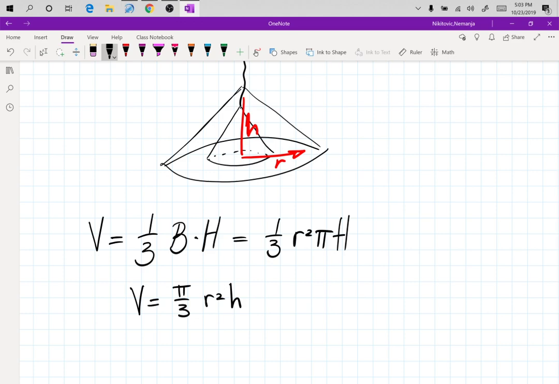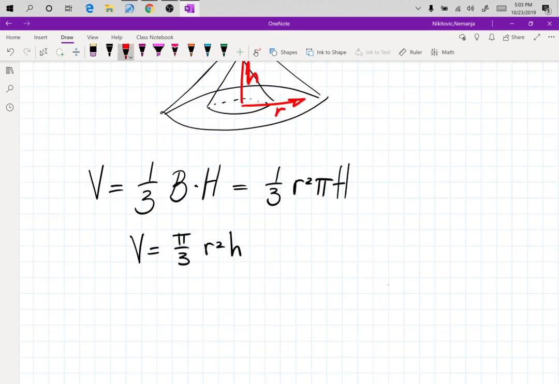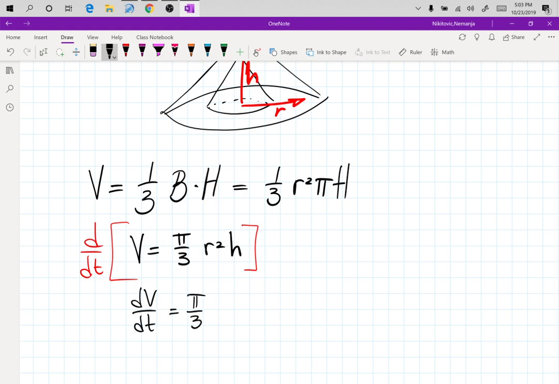And as I said, it's just way too much to memorize every single one. It's much easier to just remember the general classification and then just use the basic knowledge of areas rather than figuring everything else out. So now that we have this, we are going to take the derivative with respect to time and have our dV/dt to be pi.